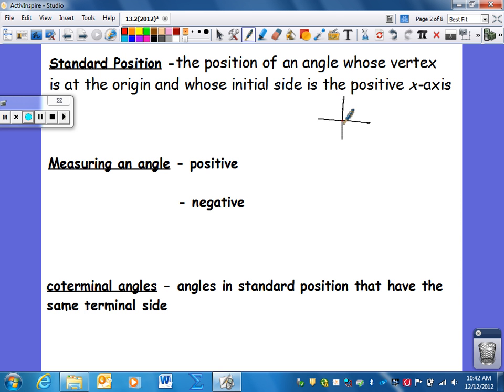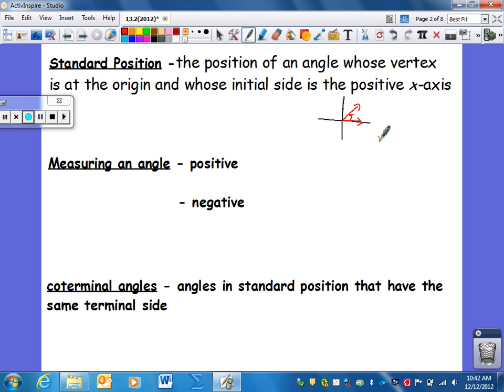So when we start an angle, we're just looking right here. It's just on the x-axis. And then we call the terminal side where we're going to make the angle. So if I draw this, here is my angle in standard position.